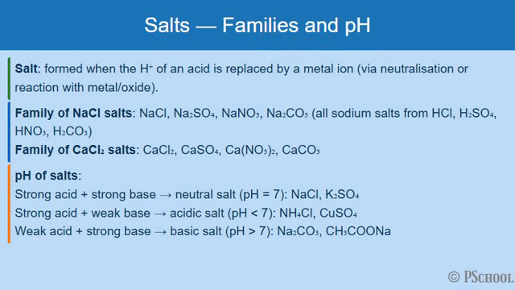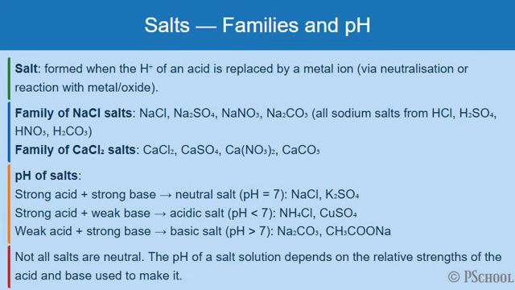Weak acid plus strong base gives a basic salt, pH greater than 7, examples: sodium carbonate, sodium acetate. Not all salts are neutral. The pH of a salt solution depends on the relative strengths of the acid and base used to make it.